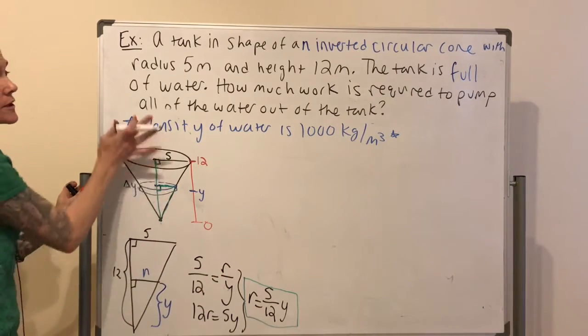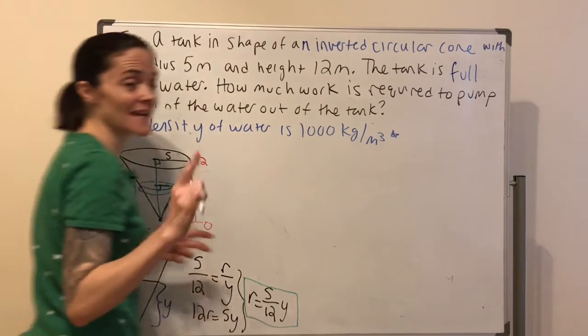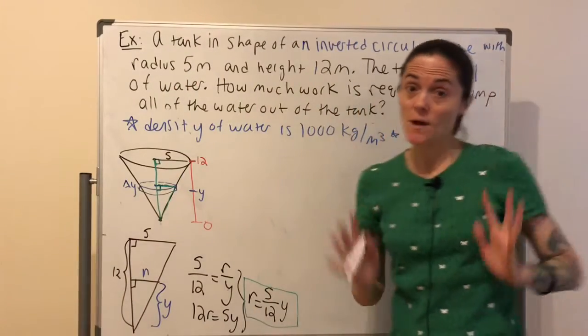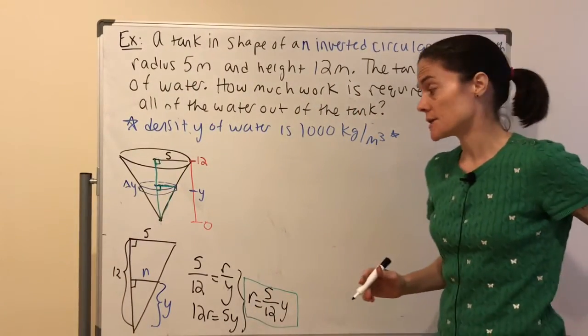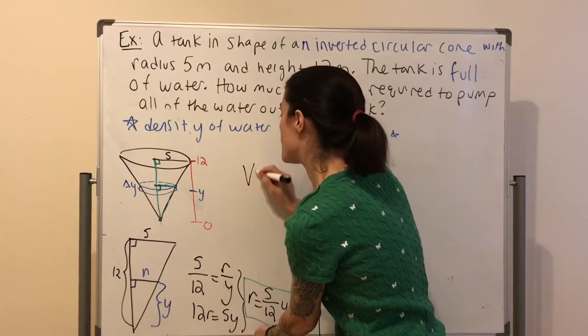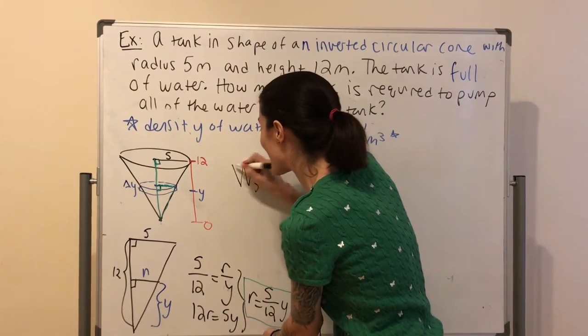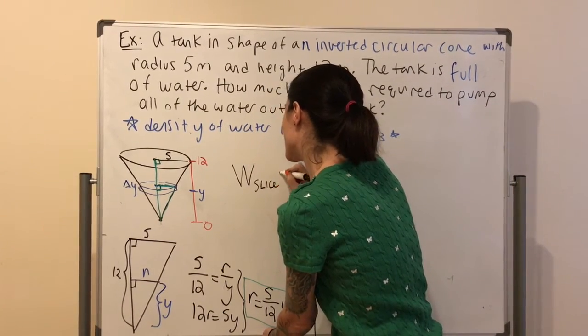And now this is the big part of the change. Besides the fact that we're fully full of water, the big change was our radius was not constant like it was when we had the cylinder. So let's calculate the work of the slice.